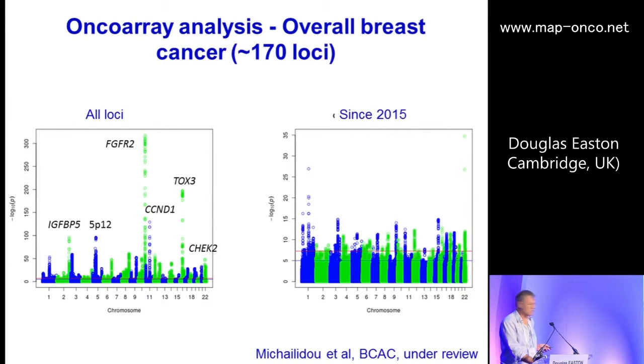And there are some regions which have been known for a long time, like FGFR2, TOX3, and so forth. Once you get rid of the ones you knew about already, what's been discovered over the last year through the OncoArray is a huge number of additional loci. So we're now up to about 170 regions of the genome with common variants associated with breast cancer risk.